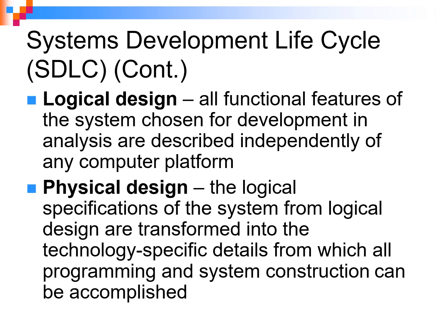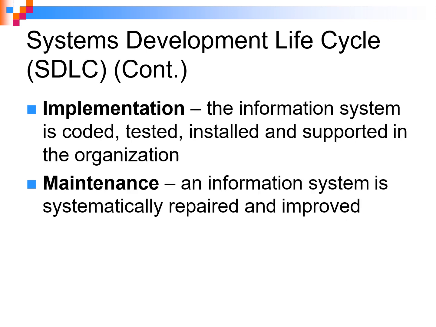Okay, so then the next phase is the implementation. The information system is coded, tested, installed, and supported in the organization. So after designing, na-code na yung system, ite-test na siya, i-install, and then susuportahan na siya.